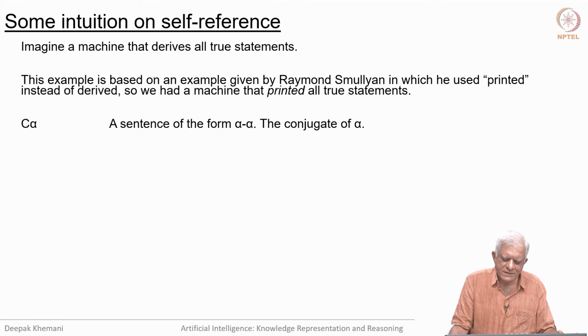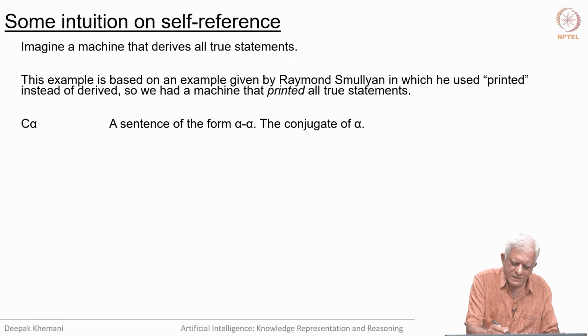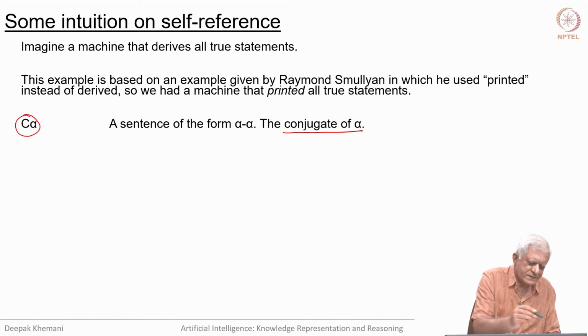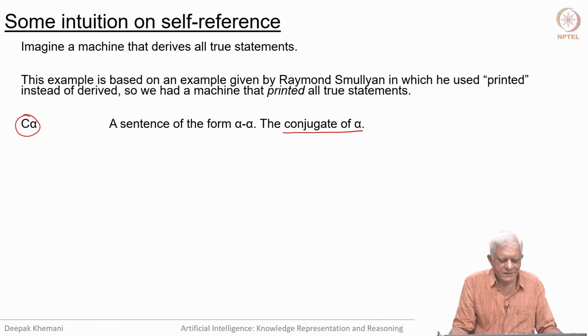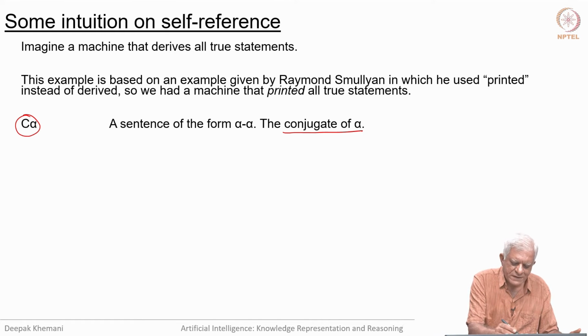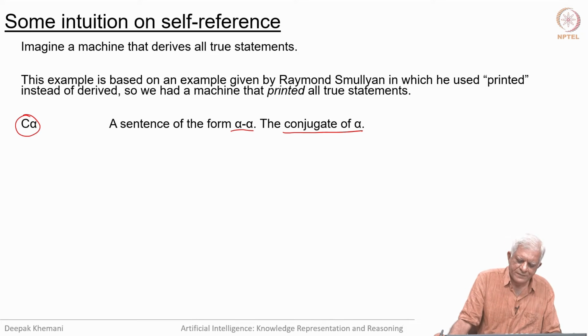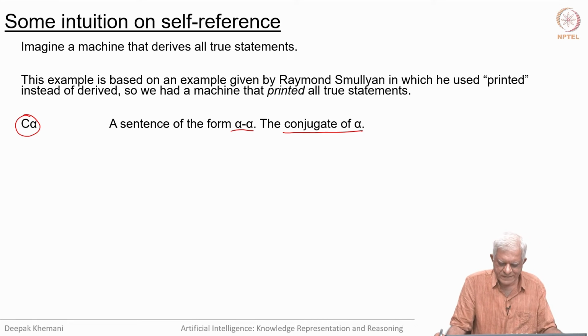He defined the conjugate of a sentence, and he denoted it by C alpha. C stands for conjugate. So, a conjugate of a sentence is basically a sentence of the kind alpha hyphen alpha. That he called the conjugate of the sentence.